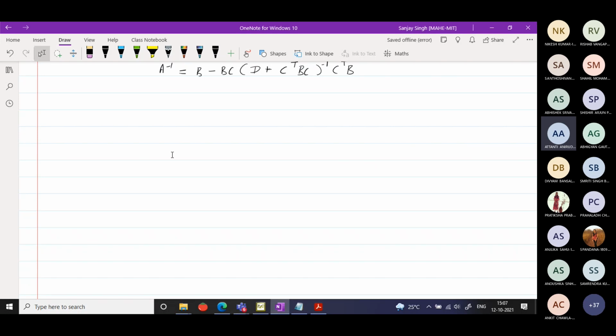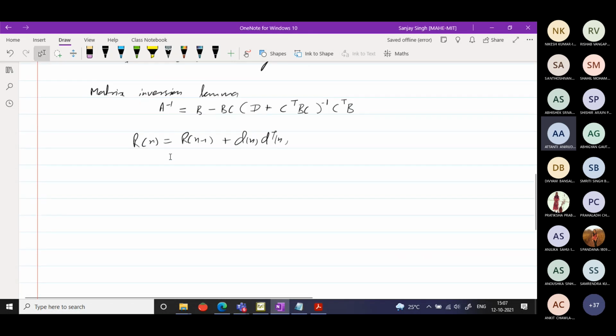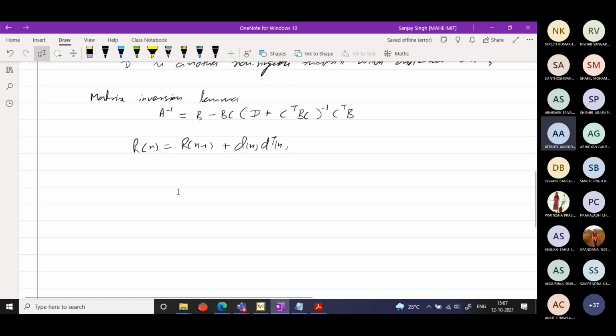When you write like this, if you just remember this, R n minus 1 plus phi of n and phi t of n, which we saw earlier. When I apply for this, and then you compare with this, compare it with this.